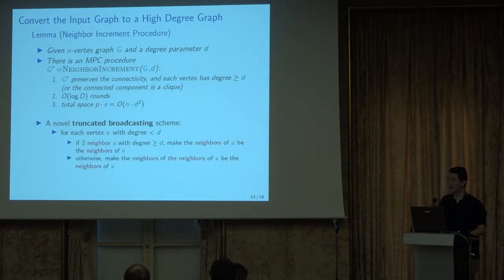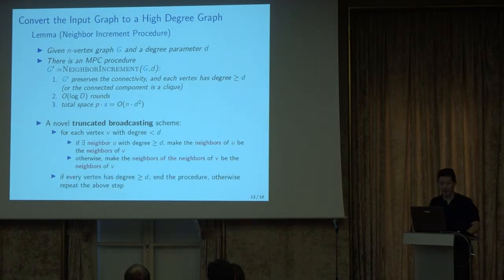Otherwise, if every neighbor of v has degree less than d, then we just do the broadcasting, so we make the neighbors of v's neighbors be the new neighbors of v. And then we check if every vertex has degree at least d, then we're done. We just end the procedure. Otherwise, we repeat the above steps.